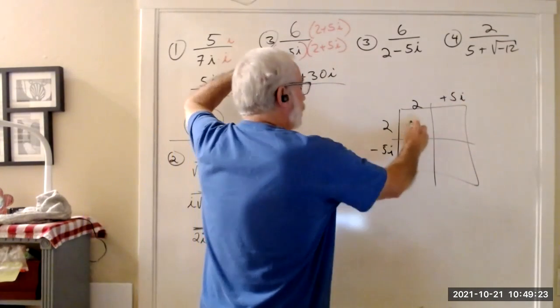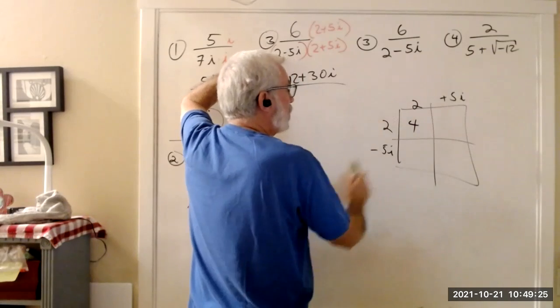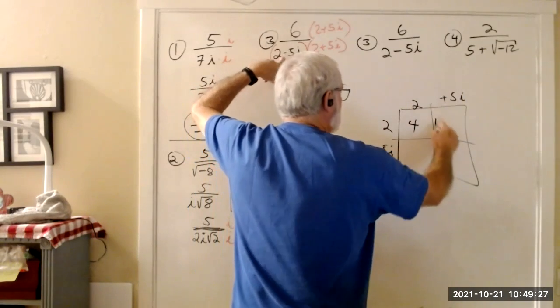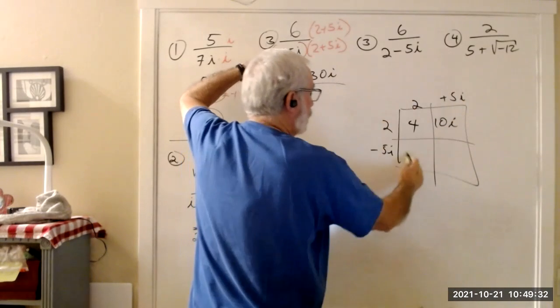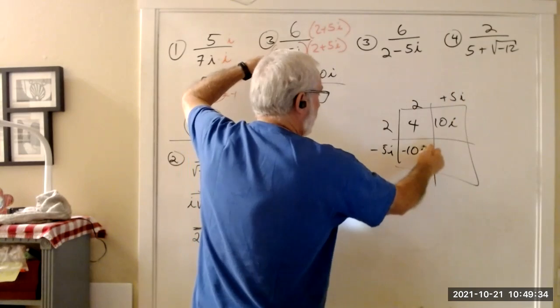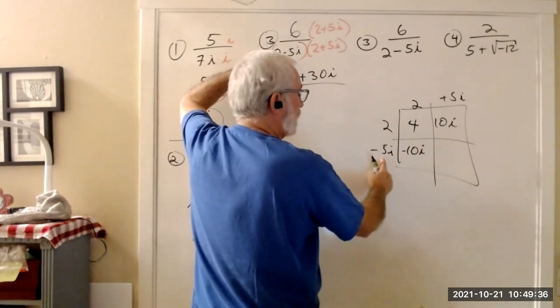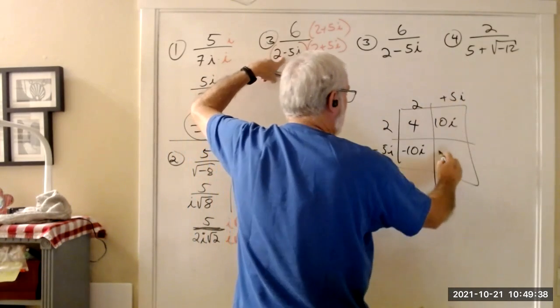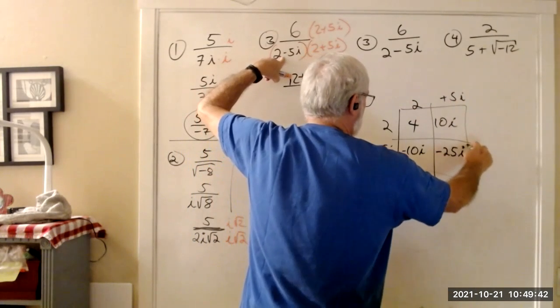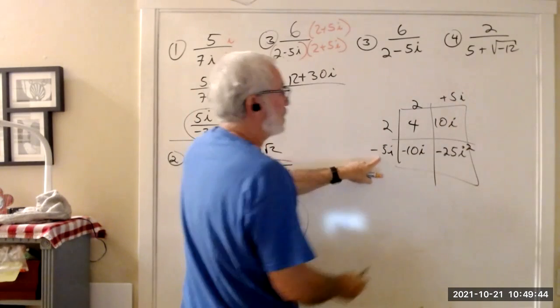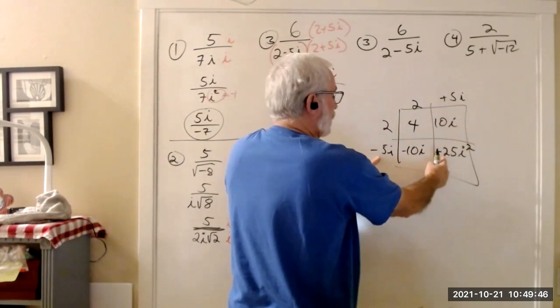So I have 2 times 2 is 4. 2 times 5 is 10i. Negative 5 times 2 is negative 10i. And negative 5 times positive 5 is negative 25i to the second.